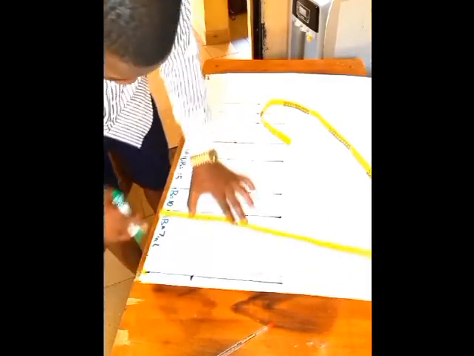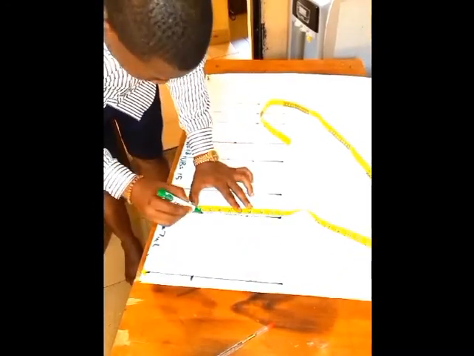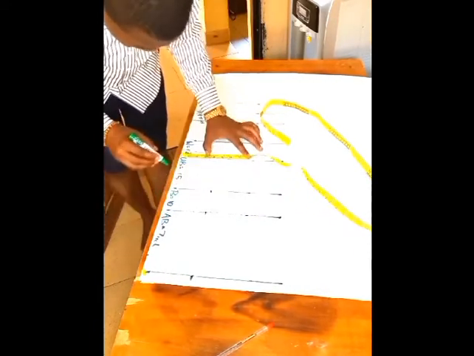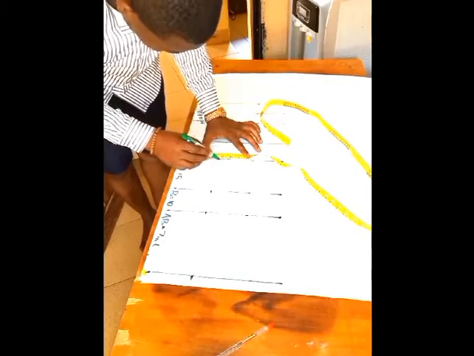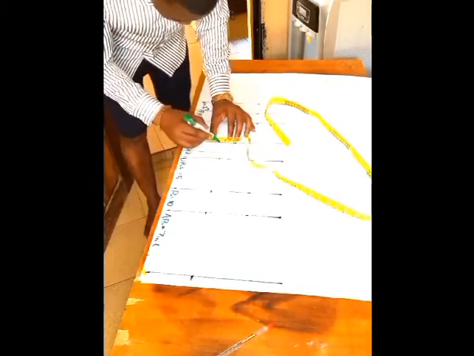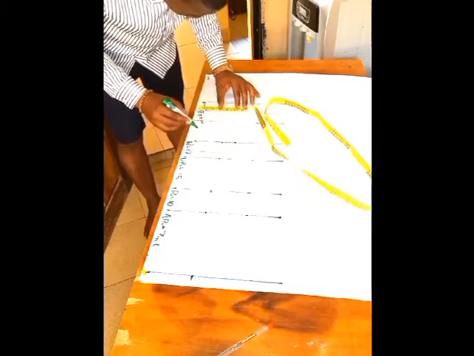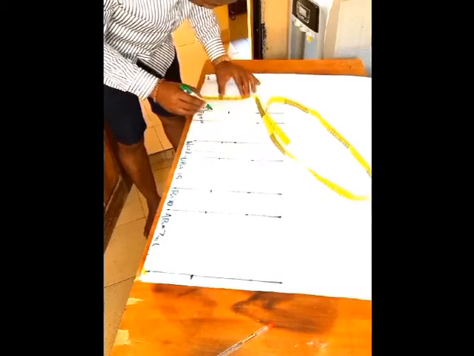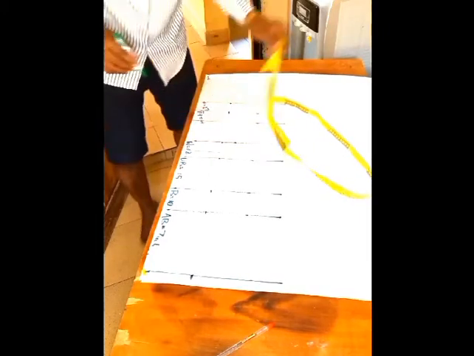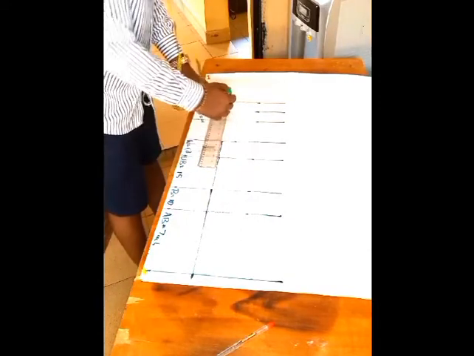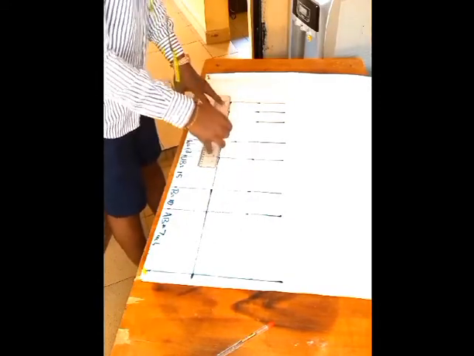This is 4.5, and 4.5. And we take the measurement clearly to get the bust across the point.